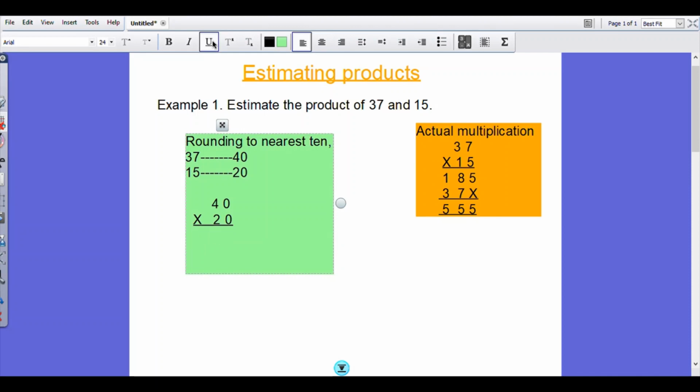0 into 0, yes, 0. 0 into 4, again 0. Now 2 into 0, yes, 0. And 2 into 4, yes, 8.